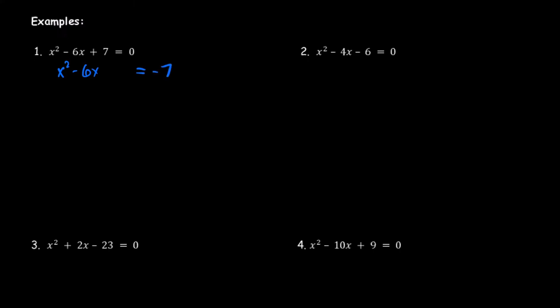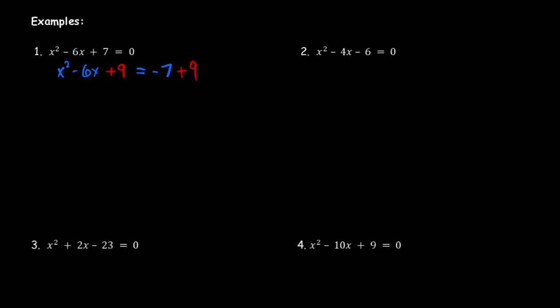The next step is the critical step to completing the square. We take this B term, we divide it by 2. Then we take that number and we square it. And that is the number we add to both sides. It's critical that you add it to both sides, because if you just add it to one side, you mess with the balance of the equation. So I'm going to add 9 here, I'm going to add 9 there.